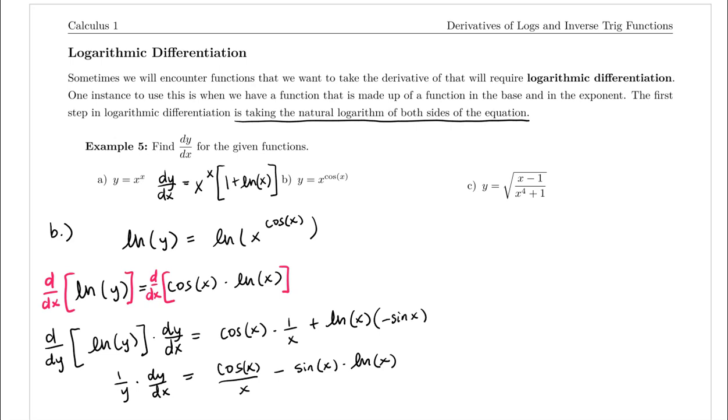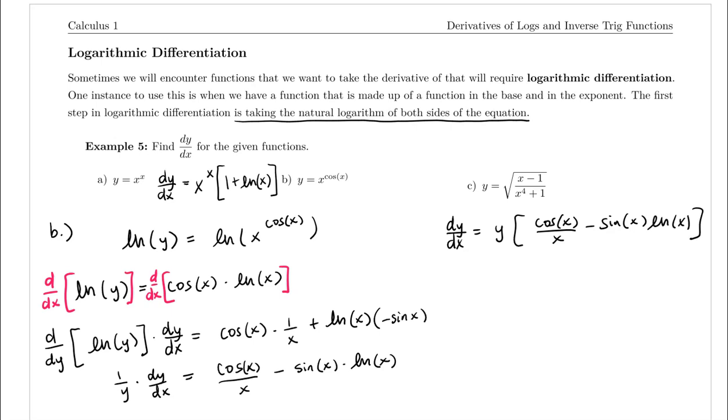From here, I would like to isolate dy/dx, so I'm going to multiply both sides by y. Doing so gives us dy/dx is equal to y times the quantity cosine of x over x minus sine of x times the natural log of x.